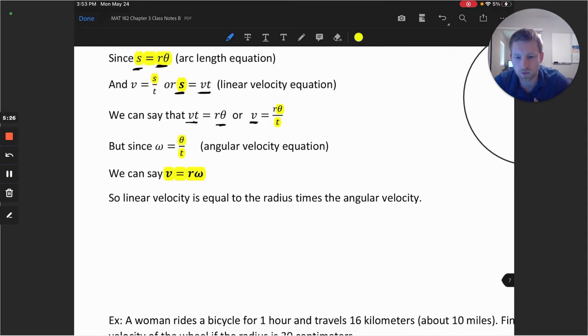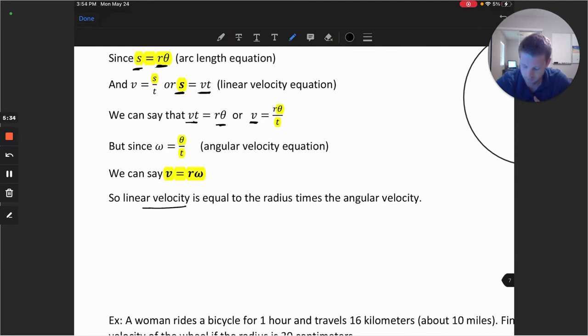So that was a lot of work, but that is how those two items are going to be connected for us. The linear velocity is equal to the radius times the angular velocity. So we know that v equals r omega. So we can use this in a lot of our calculations where we need to find both the angular and the linear velocity.